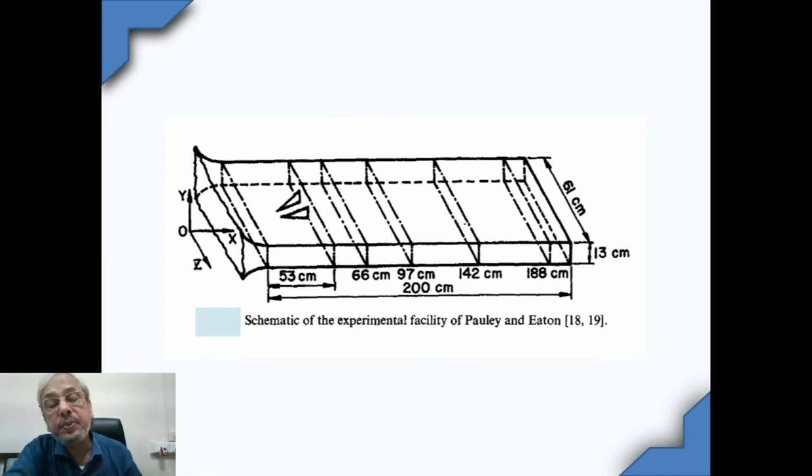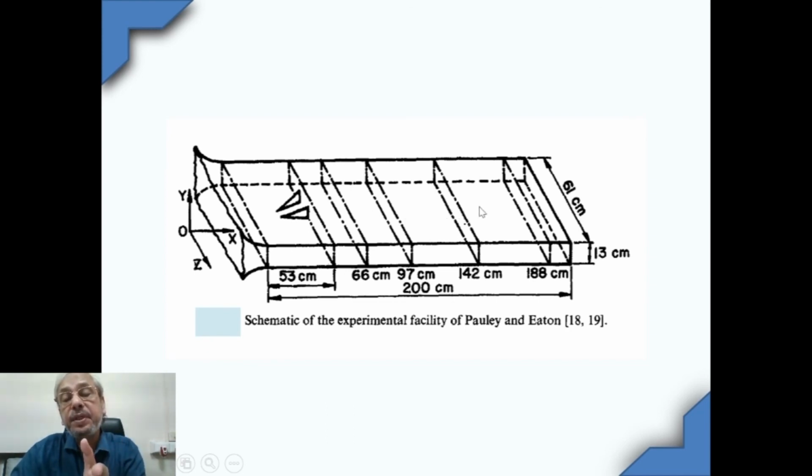Professor Pauli and Professor Eaton were involved; this was basically Professor John Eaton's experimental group. And this is a channel. You can see the channel dimensions, which are relatively small, and the delta winglet pair is sitting here, and again behind the winglet the flow field was studied.